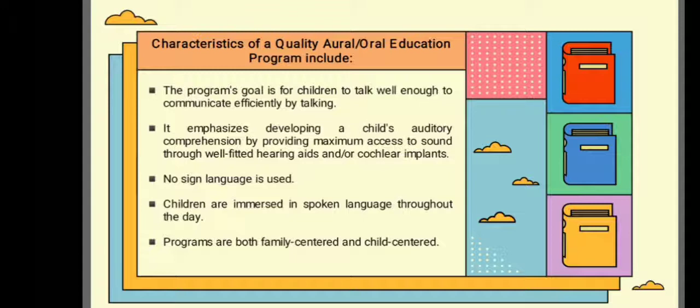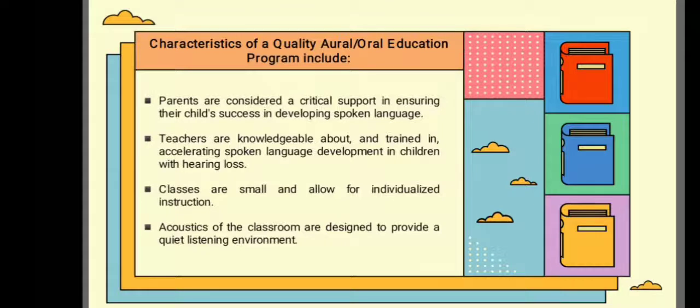No sign language is used. Children are immersed in spoken language throughout the day. Programs are both family-centered and child-centered. Parents are considered a critical support in ensuring their child's success in developing spoken language.